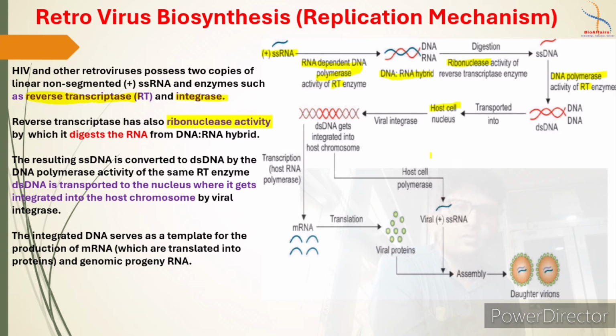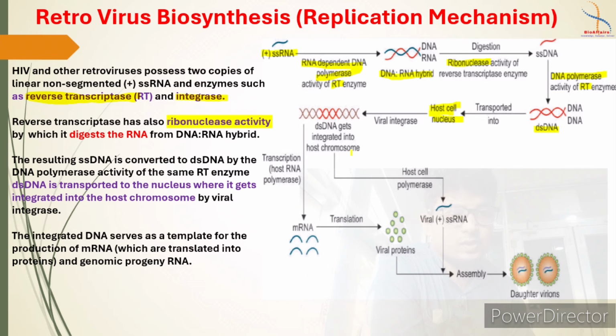that the nuclear or genome replication takes place in the nucleus of the host cell. So in the nucleus there will be both the host genome, the host DNA, and the viral newly prepared double-stranded DNA. Now this newly prepared viral double-stranded DNA will be integrated into the host chromosome, meaning the animal or human cell's DNA, like you have studied with the prophage.